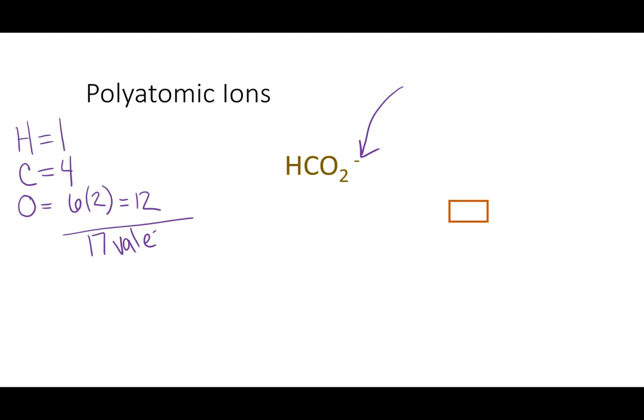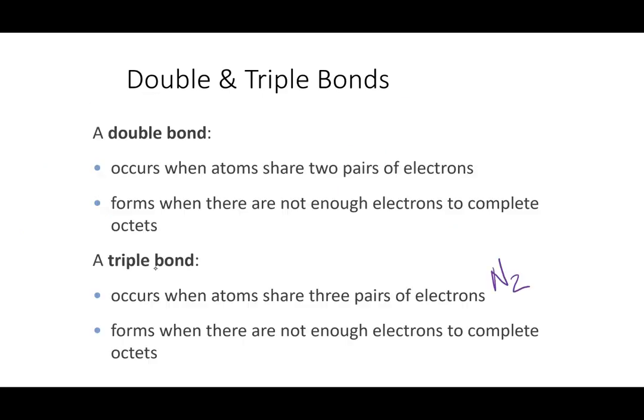So if it has stolen an electron, it's added an electron to its package, that means we have to consider this extra electron. So when we are totaling up the valence electrons, we have to consider the charge. So the charge on this ion is a -1.